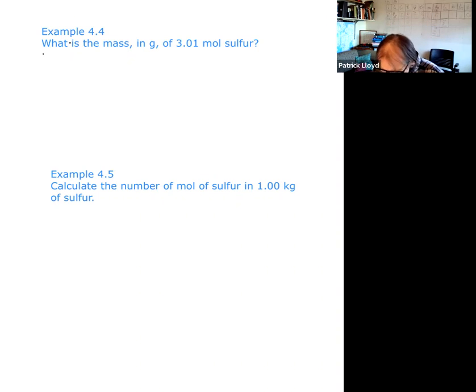Okay, so let's take a look at example 4.4. It says, what is the mass in grams of 3.01 moles of sulfur? So let's remind ourselves that in the periodic table, we have a lot of useful information. So when we look up sulfur, we have two numbers.